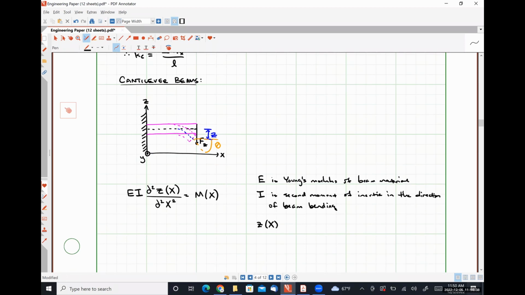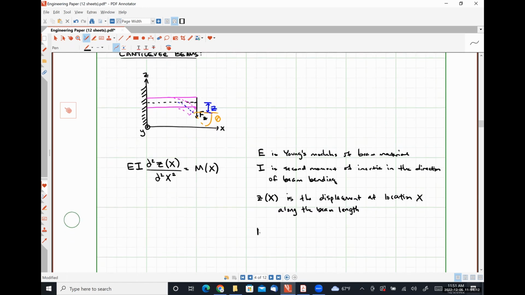Z of X is the displacement at location capital X along the beam length. And M of X is the bending moment.